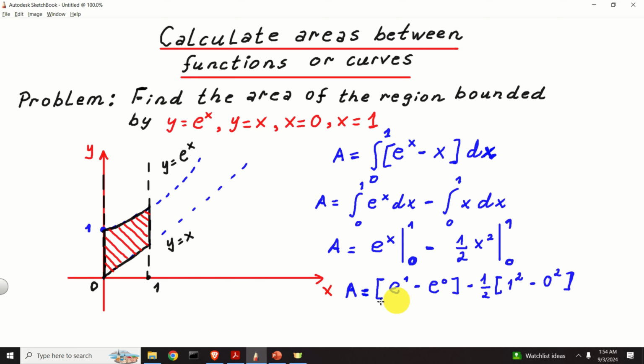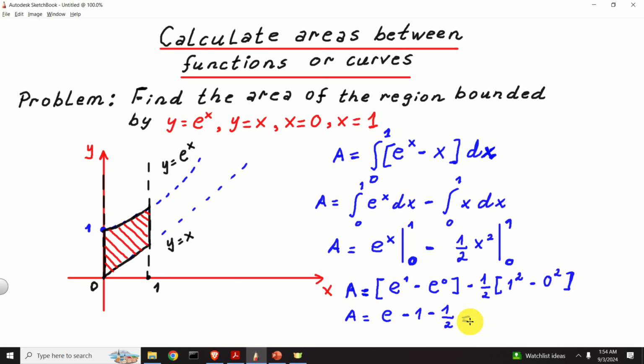Let's compute these values. So we have A is equal to e to the power 1, which is simply e, minus e to the power 0, which is 1, and we have a minus sign, consequently we have minus 1. And over here we have 1 minus 0, which becomes 1, so 1 over 2 becomes simply 1/2, minus 1/2.